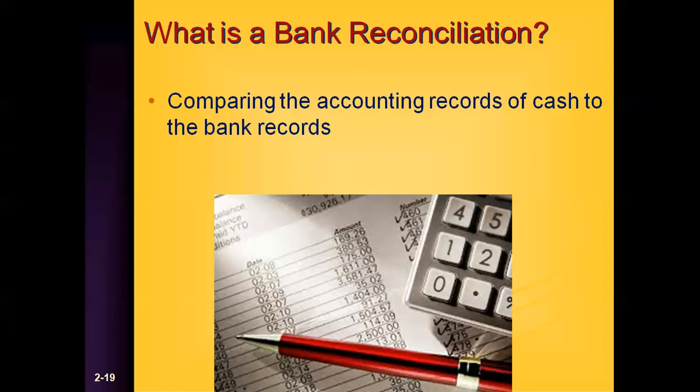There are specific processes that are used to do a bank reconciliation, and it's usually a two-column reconciliation. By this I mean both the bank records and the accounting records are adjusted so the balance is the same.